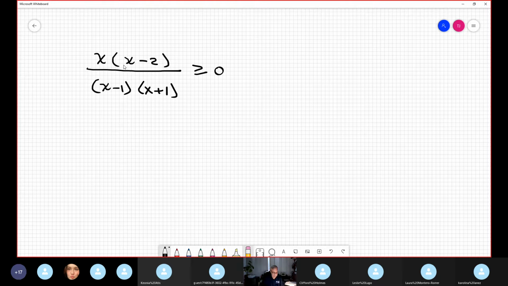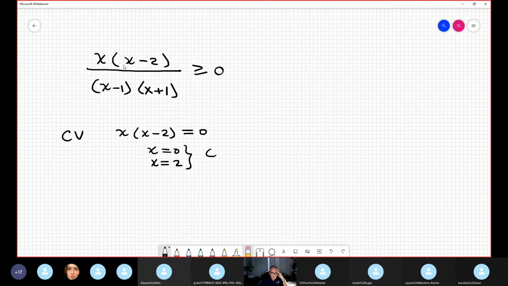Okay, so now it's fantastic. Now we are doing the critical values directly. We have the critical values in the top and the critical values in the bottom. So it's easy. You copy the polynomial in the top, you enforce it to be equal to 0, solutions are 0 and 2. This is my couple of critical values in the numerator.